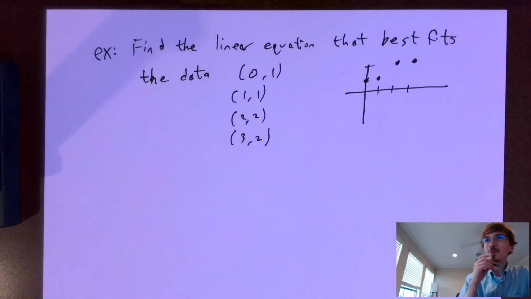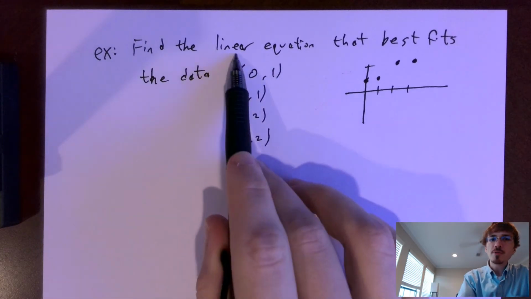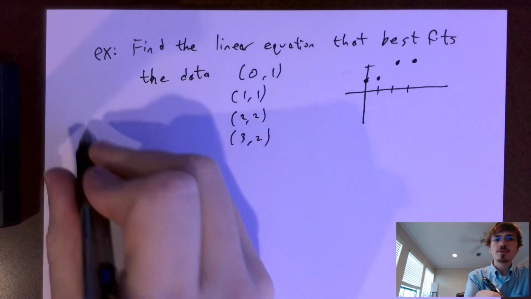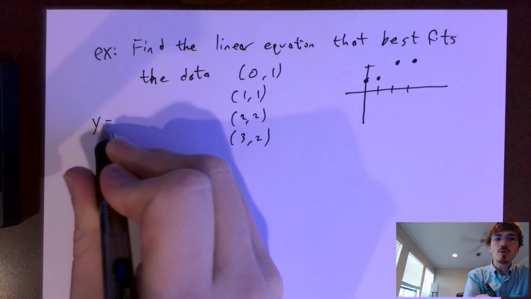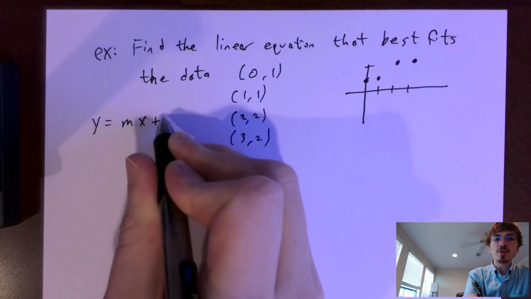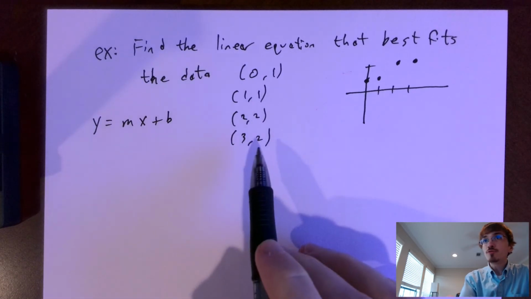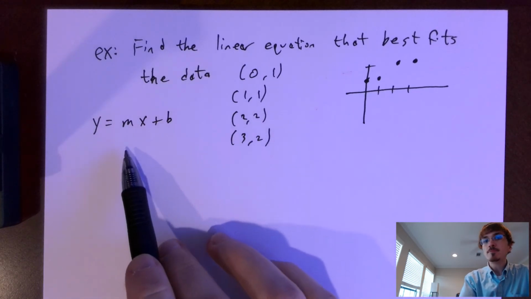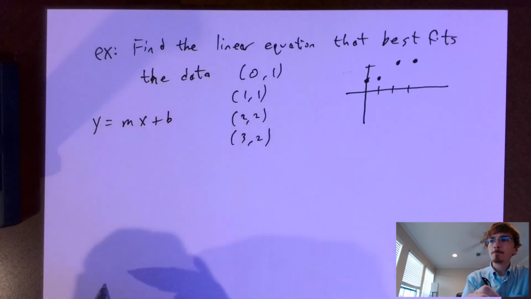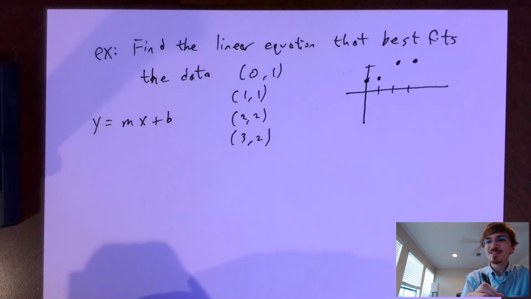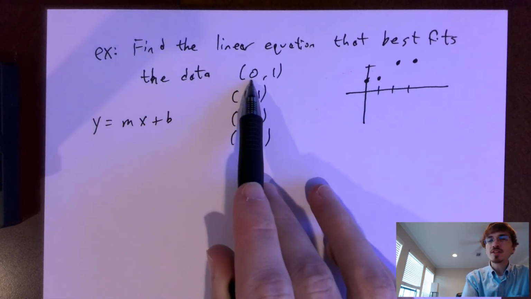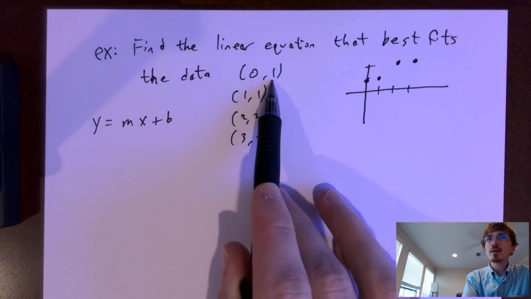So how do we formulate this as a least squares problem? Well, our desire in this problem is to make it a linear equation. So we want our equation to look like y equals mx plus b. And we know that all 4 points will not be satisfied here, but suppose they were. Let's plug in these values of x and y.